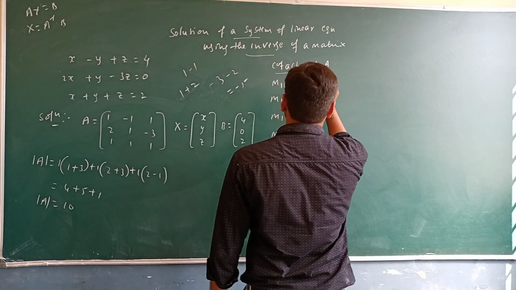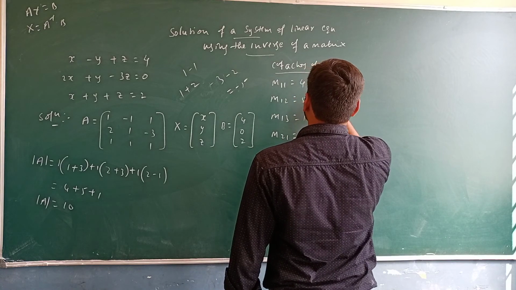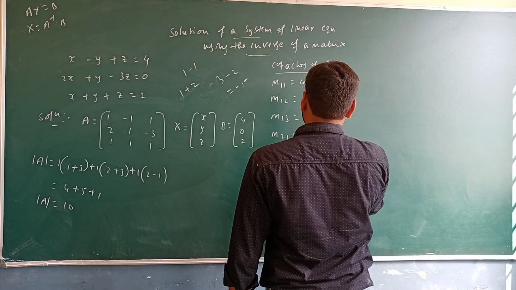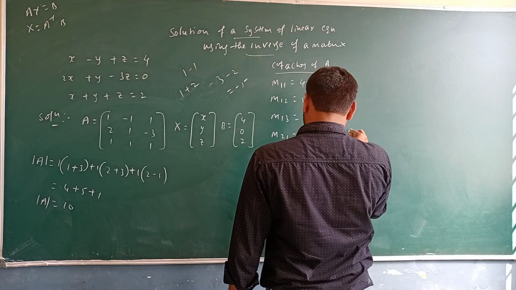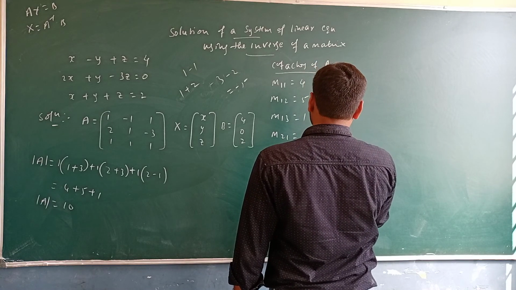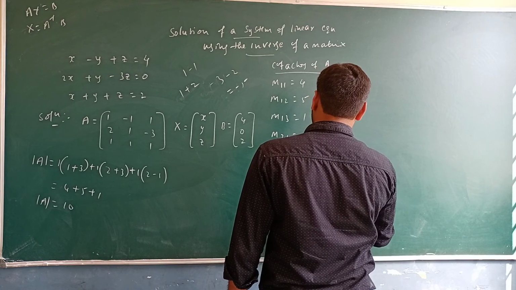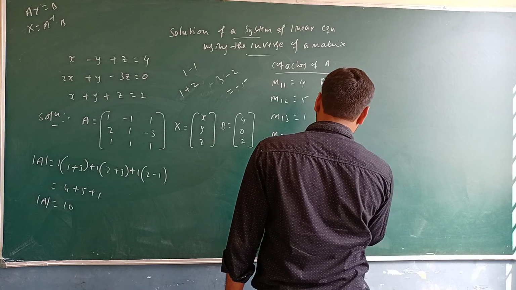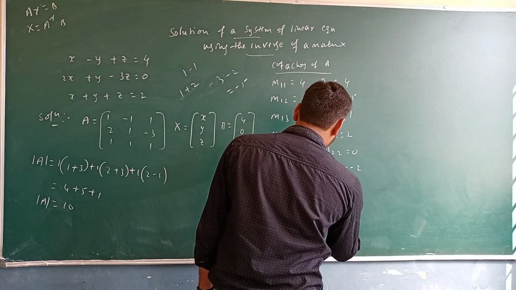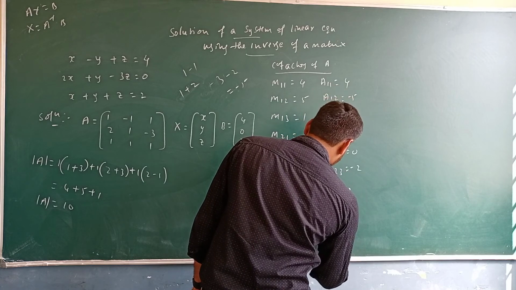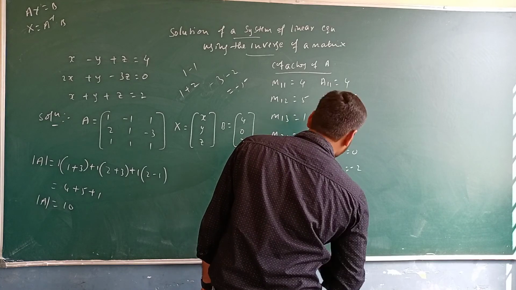Then the corresponding cofactors: A11 is equal to 4, A12 is equal to minus 5, A13 is equal to 1, A21 is equal to 2, A22 is equal to 0, A23 is equal to minus 2, A31 is equal to 2, A32 is equal to 5, and A33 is 3.